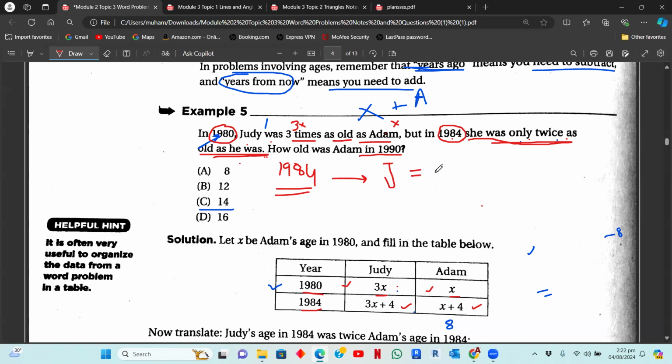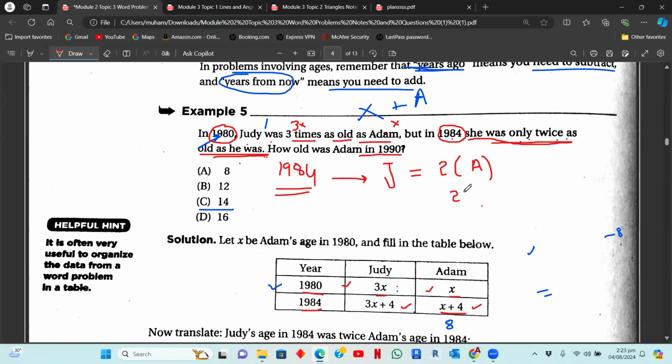That means if you get twice of Adam's age, that will be Judy's age in 1984. So 2 times Adam's age is going to be equal to Judy's age in 1984. Now, what was Adam's age in 1984? It was x plus 4.